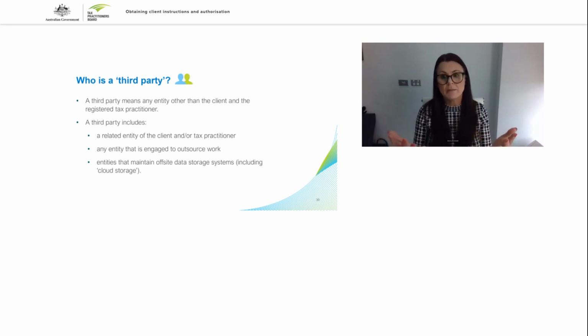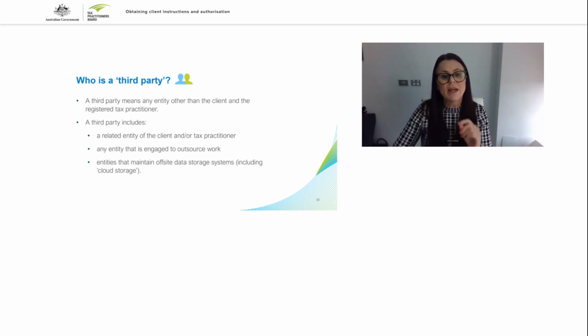So you might have another registered tax practitioner or a legal practitioner or a contractor. Entities within the same service structure, the same trust structure, unless the client is defined in, say, the letter of engagement as the whole structure. And it also includes off-site storage systems. And of course, these days, off-site storage systems could be physical or they could be cloud storage of data.